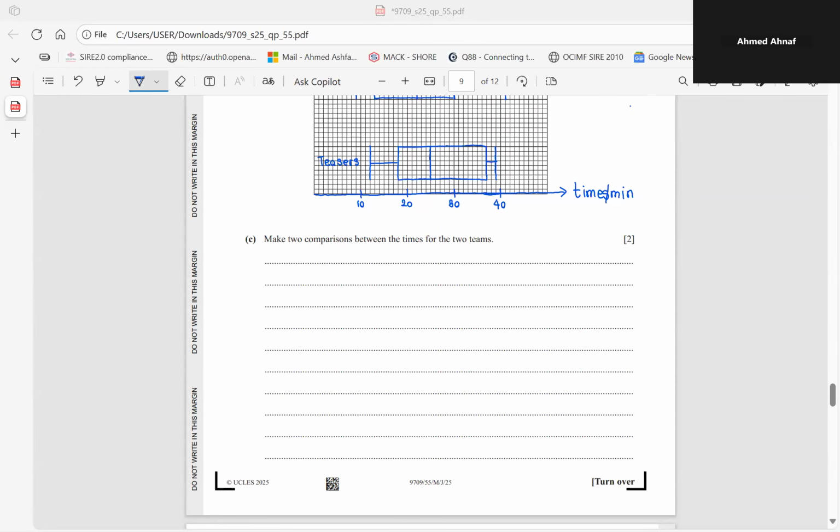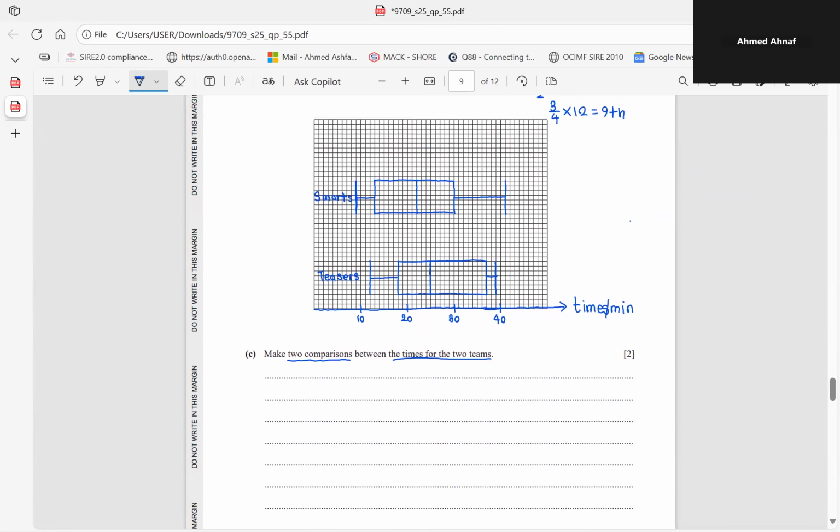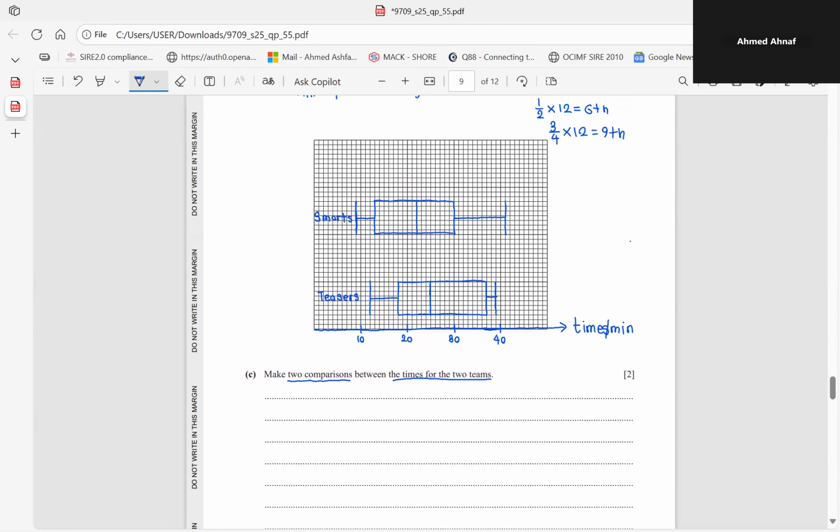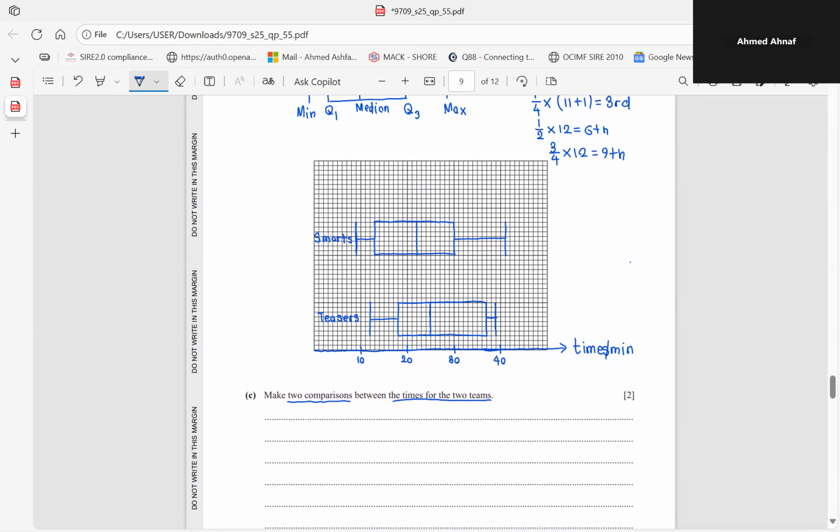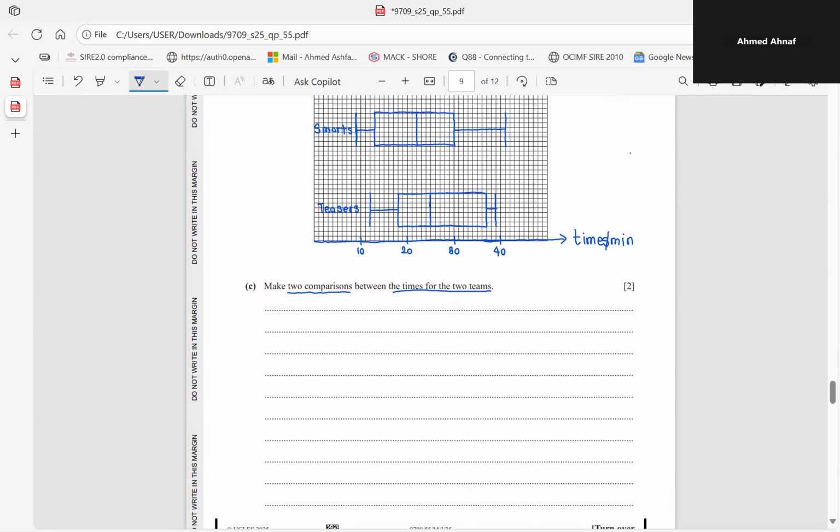Okay, so for this last part, you're supposed to make two comparisons between the times for the two teams. To do that, let's take a look at our box and whisker plot. As you can see, for the smarts, the box and whisker plot is wider than the teasers.